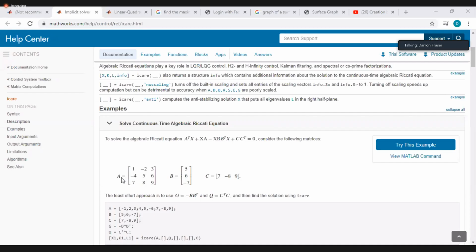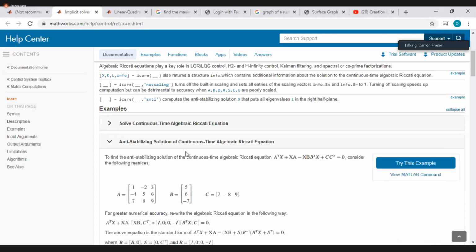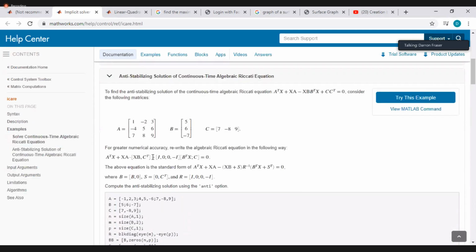So you see in this equation, this is the A that I want you to enter, the B and the C. Previous years I would have tried to solve this equation, which is the matrix Riccati equation, by hand, and then halfway through we say, all right, we solve it using the matrix method.